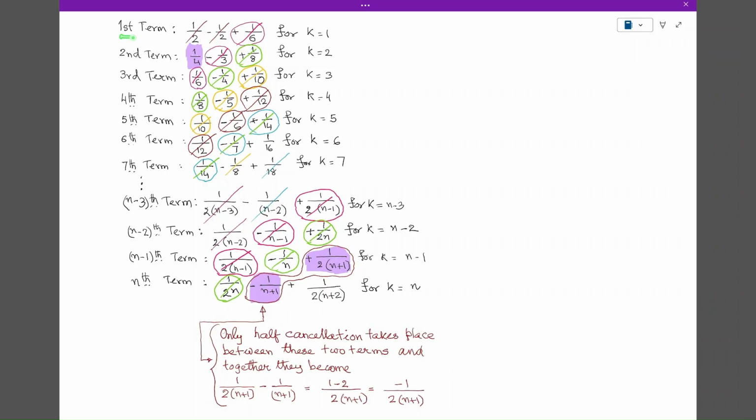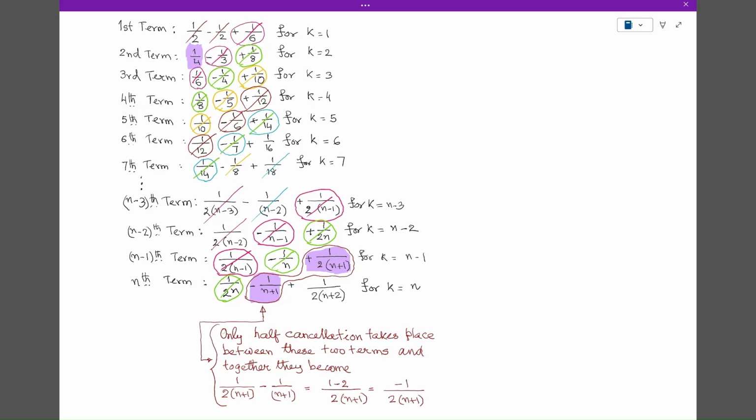The first term for k is equal to 1 becomes half minus half plus 1 by 6. The second term for k is equal to 2 becomes 1 by 4 minus 1 by 3 plus 1 by 8. The third term for k is equal to 3 becomes 1 by 6 minus 1 by 4 plus 1 by 10.